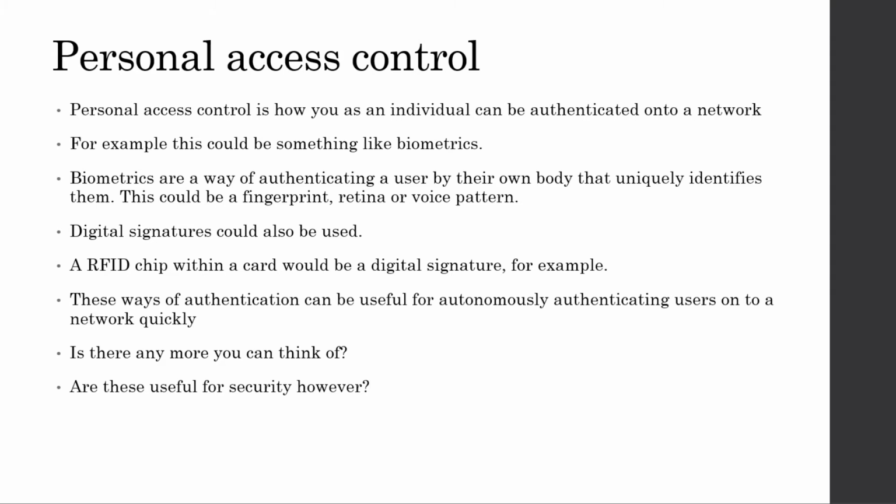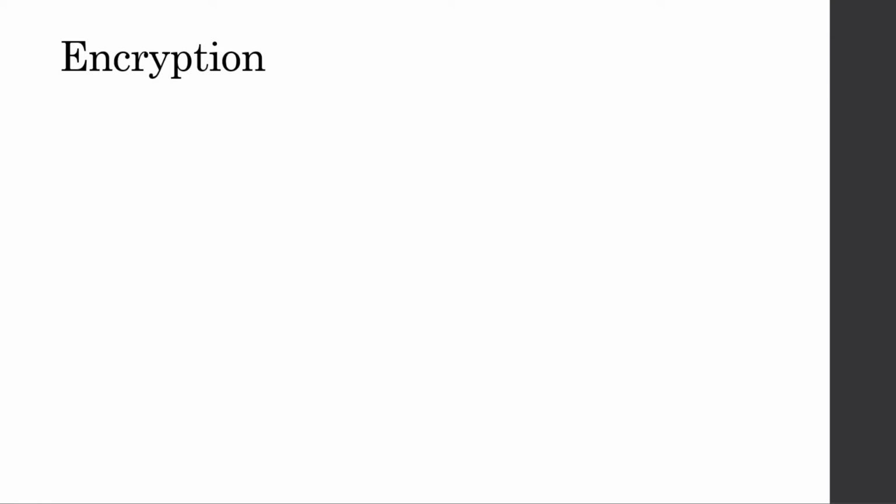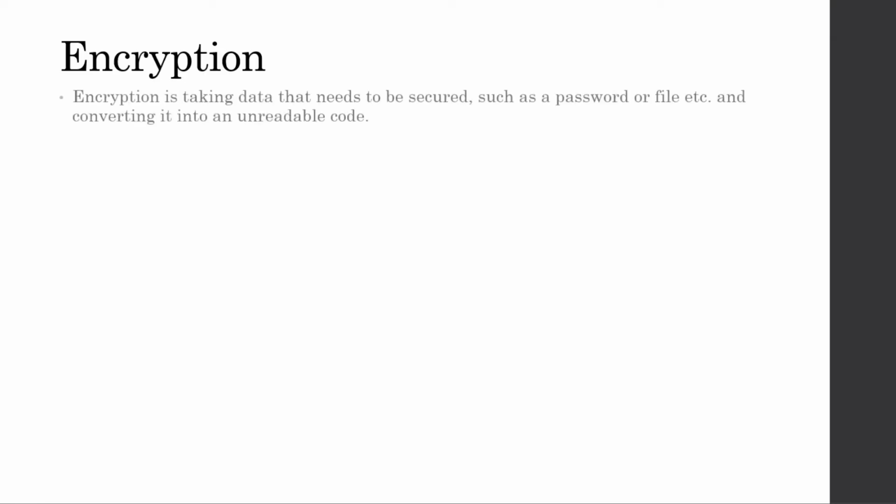Most times it doesn't, as they've tried to stop against that. But I want you to think about how they can be made more secure, because the technologies for biometrics and personal access control are not perfect by any means.